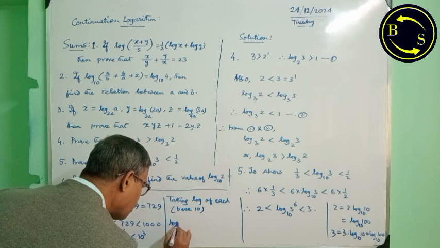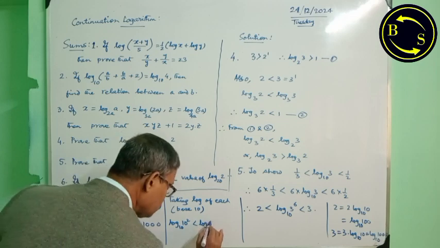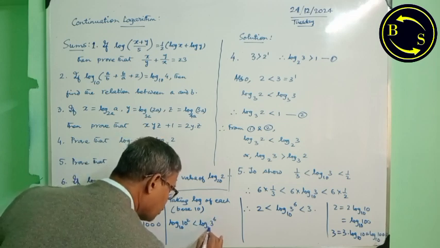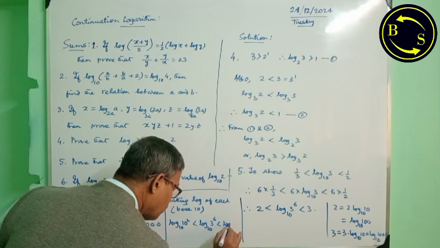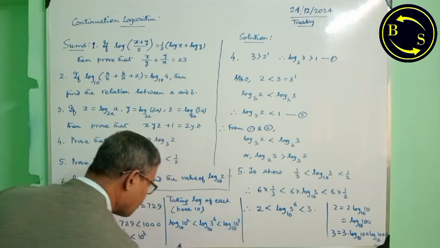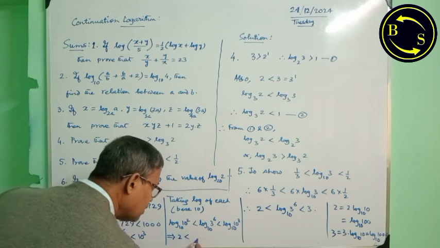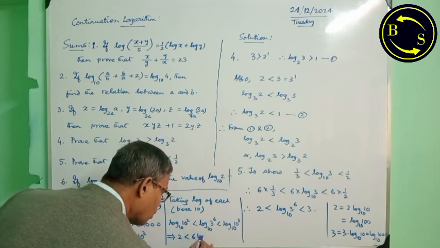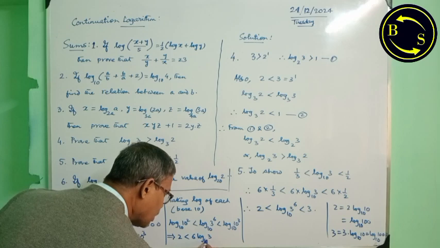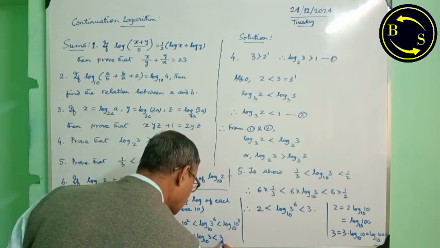Log of 10 square to the base 10, log of 3 to the power 6 to the base 10, log of 10 cube to the base 10, and from that, 2 log of 10 to the base 10, that means 2 less than 6 log of 3 to the base 10 less than 3.